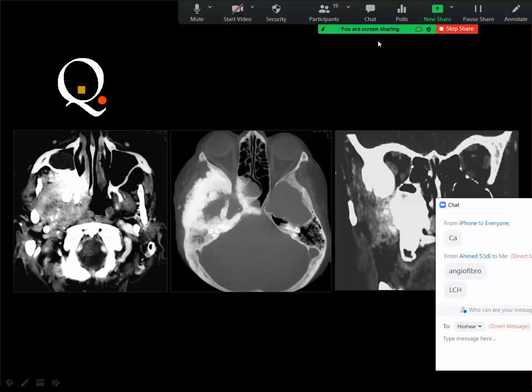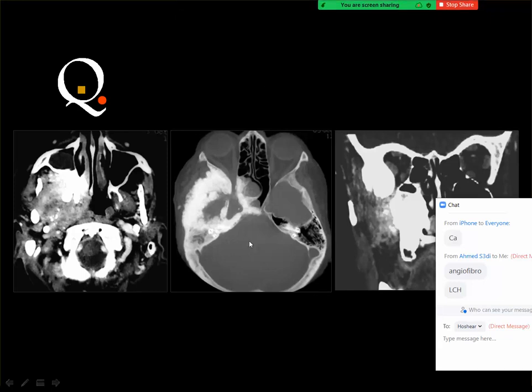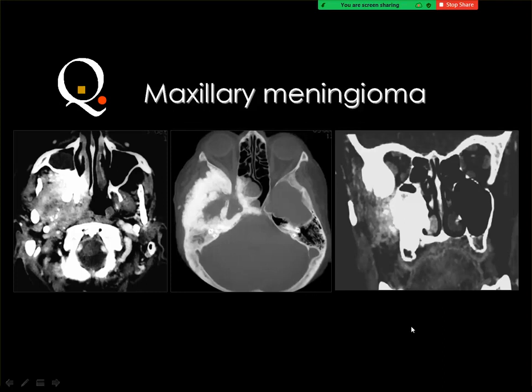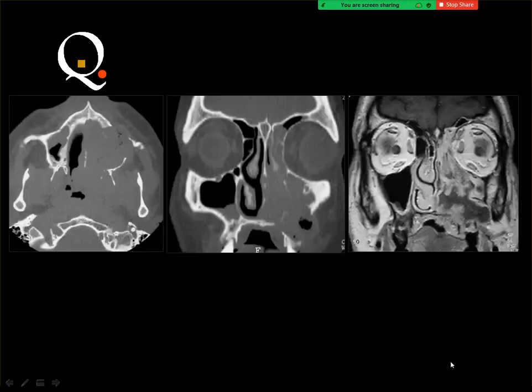I think that there is only one lesion which is able to produce a significant bone sclerosis without destructive changes, and is associated by a soft tissue component. And this is actually an odd presentation for a meningioma of the skull base or the maxillary sinus. But I presented this case in order to put in your mind that a lesion with significant bone sclerosis like this is usually a benign lesion, and meningioma should be on the top of the differential diagnosis.